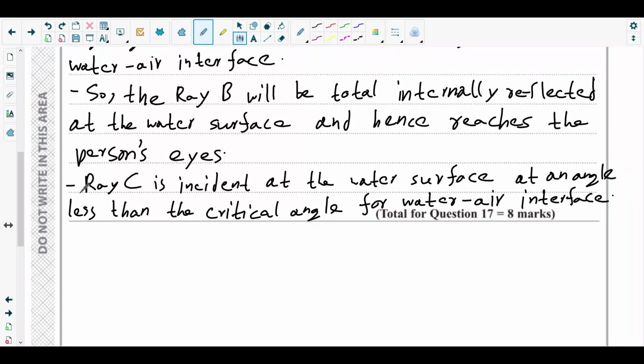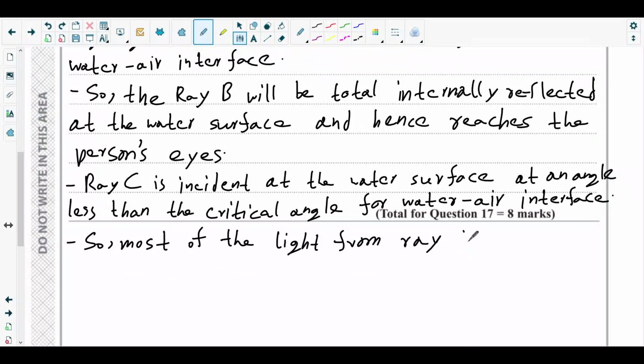Most of the light from ray C is refracted at the water surface.